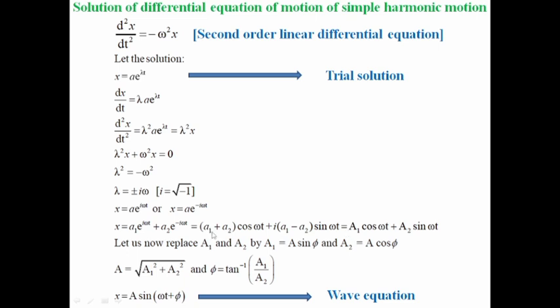Now let's consider a1 plus a2 as A1 and i (a1 minus a2) as A2, and if we consider A1 equal to A sin phi and A2 equal to A cos phi, then we will get the solution x equal to capital A sin (omega t plus phi), where phi is tan inverse A1 by A2, and A will be root over A1 square plus A2 square.